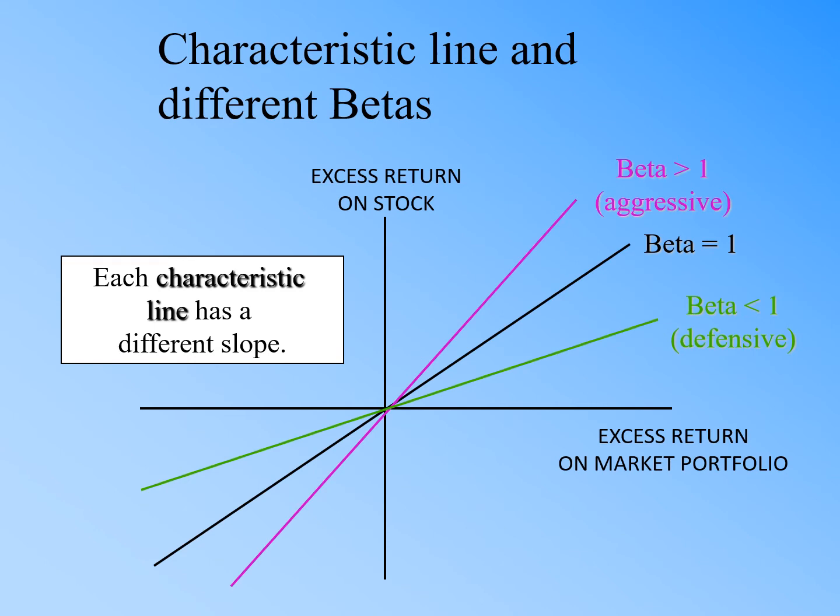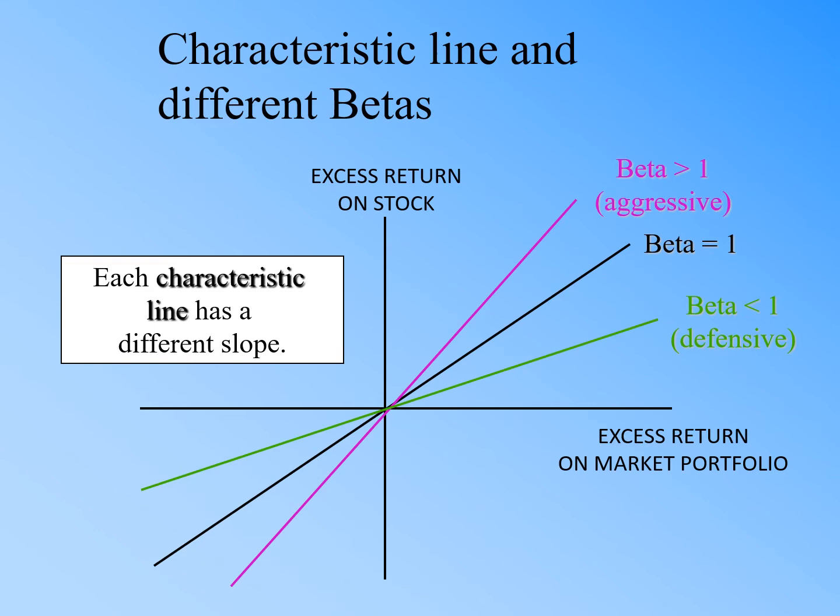If the beta or slope is greater than 1, it means that the excess return varies more than proportionally with the excess return of the market portfolio. Similarly, if the beta is less than 1, then excess return varies less than proportionally with the excess return for the market portfolio.